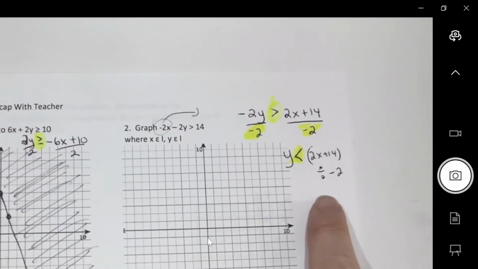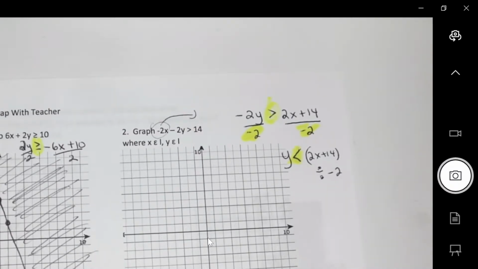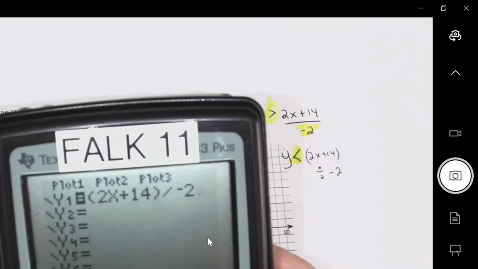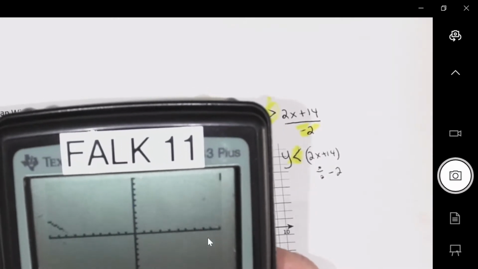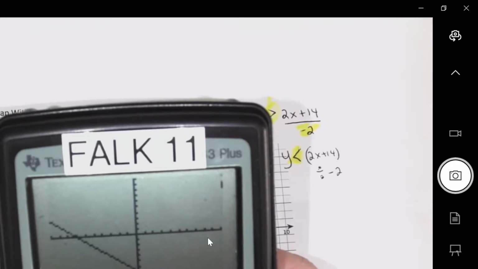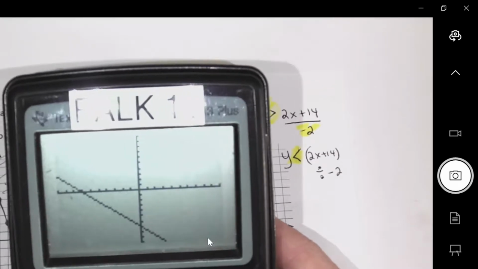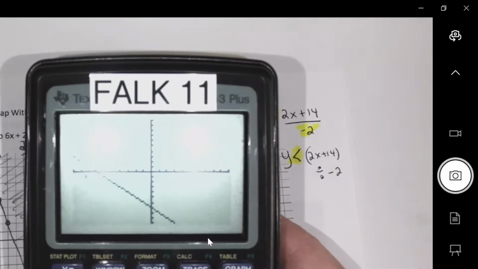Okay, so this is what I'm typing into my calculator. I'm letting it do that division for me. So brackets. Okay, are we looking the same?